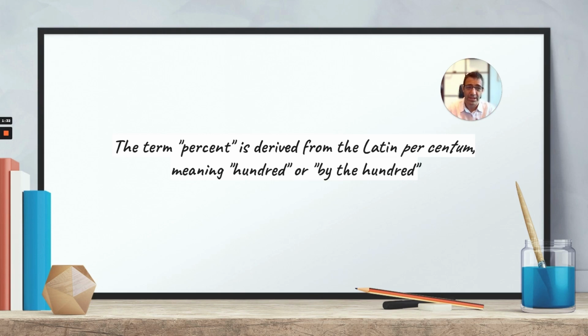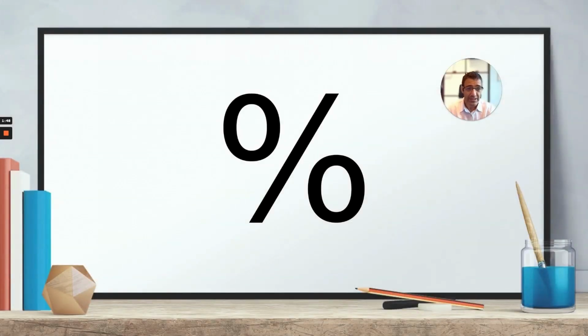Also, if you speak Italian, or Spanish, or French, then you have words like cento, cent. All the Latin languages are using the word per cent. It's a quantity out of 100. Even if you look at the percentage symbol, this looks like 100, like there's a 1 and then a couple of zeros here.